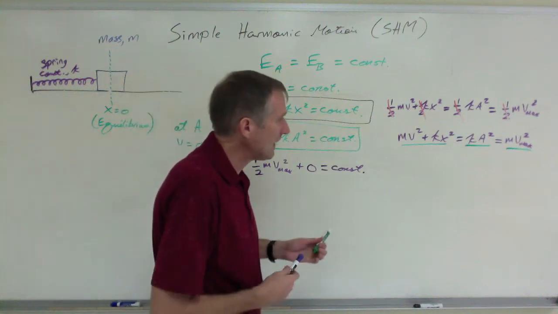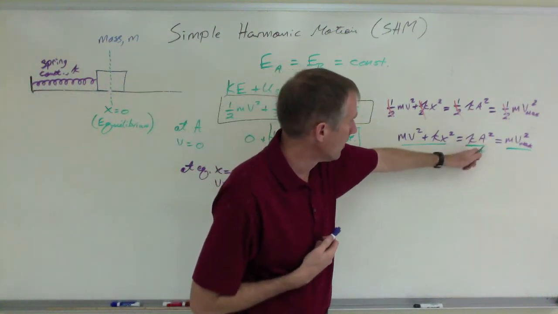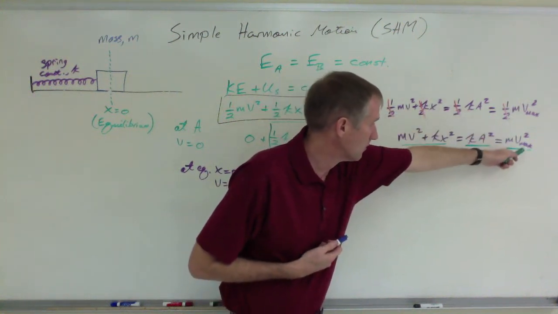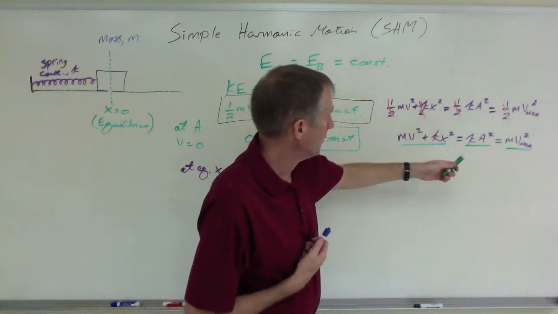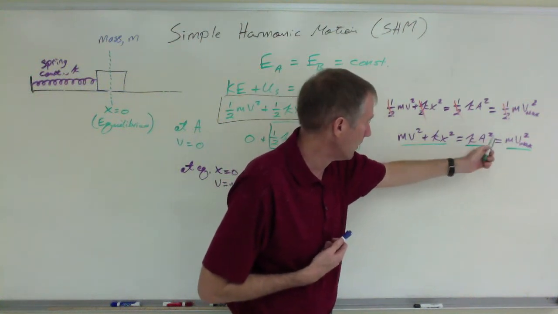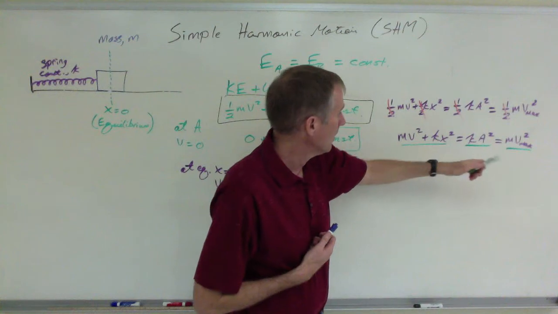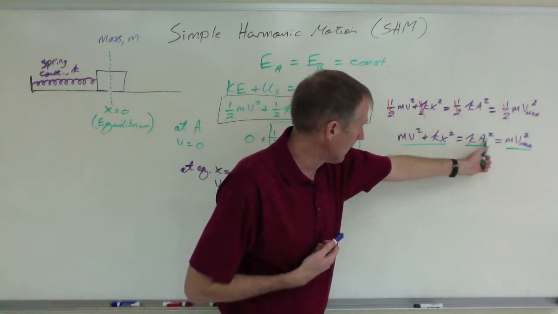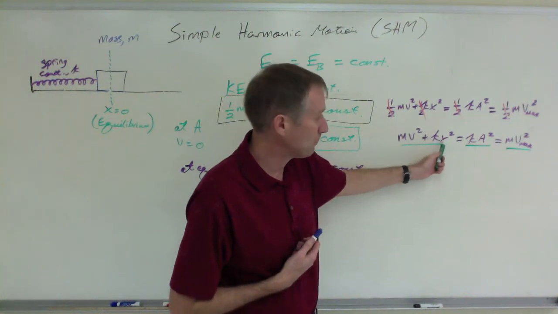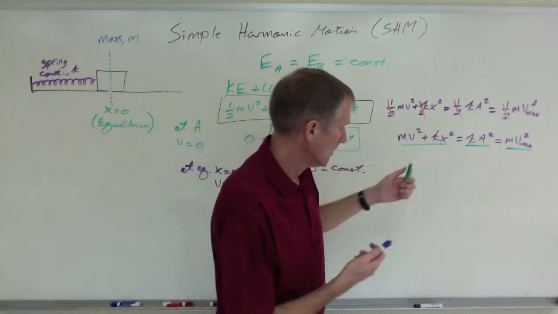Well, what do you do with that? If you're solving for the maximum speed and you know the amplitude, solve for that and take the square root. If you're solving for the amplitude and you happen to know the maximum speed, solve for that. If you know, for example, the amplitude, you want to figure out its velocity at some position. Let's just do that.